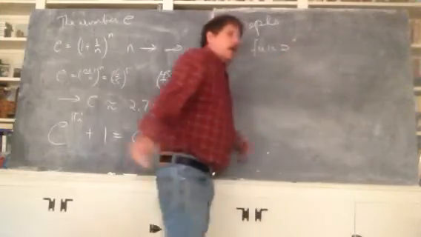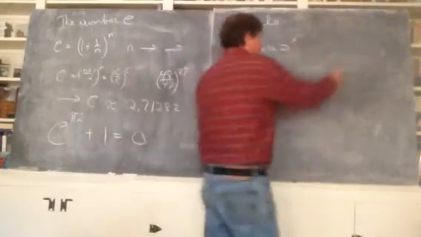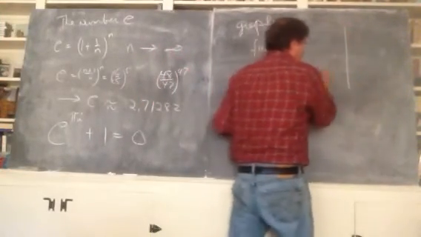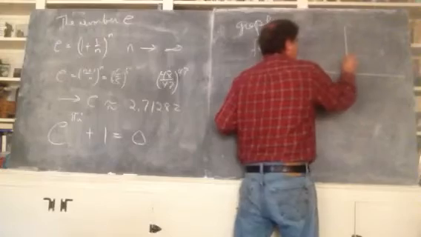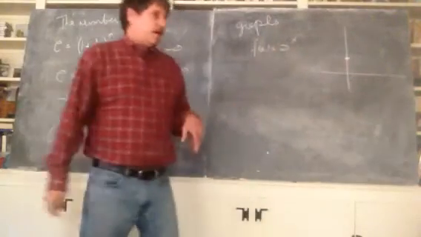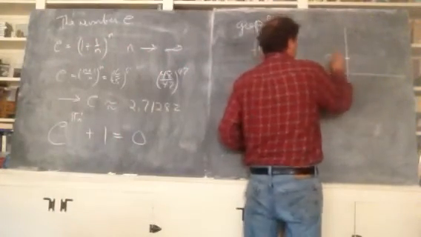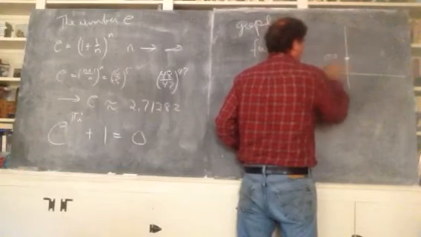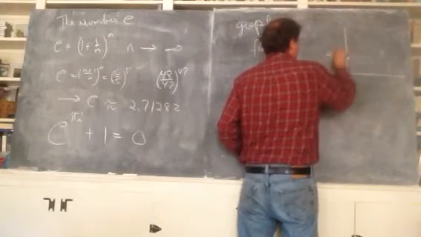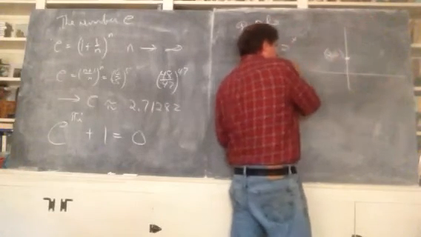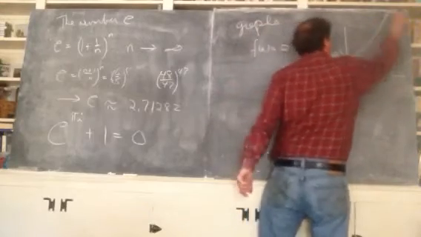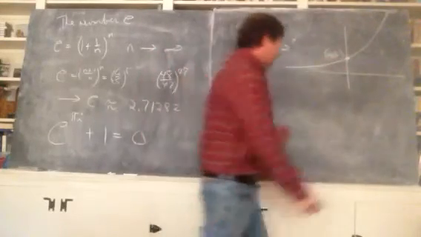First off, here's what it looks like. At the point where x is 0, f of x is 1. Yeah, we'll put that there. And it goes like this, and it gets exponentially bigger.